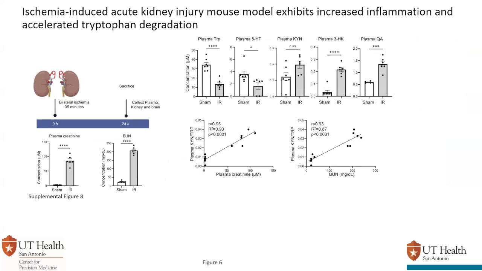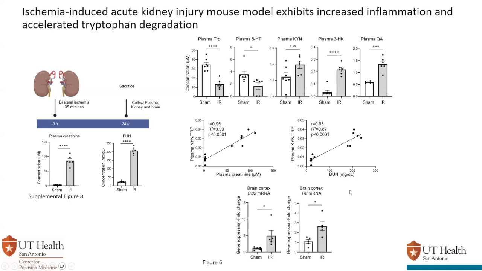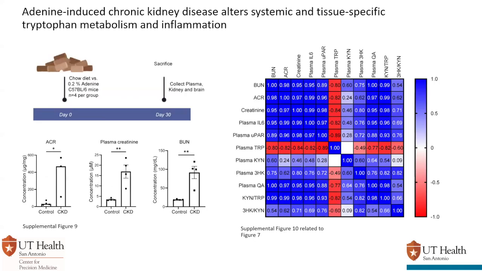And we saw the same pattern of decrease in tryptophan, accumulation of quinolinic acid in the plasma, and plasma kynurenine to tryptophan ratio indicating accelerated degradation of the kynurenine pathway. This was correlating with plasma creatinine and BUN levels.